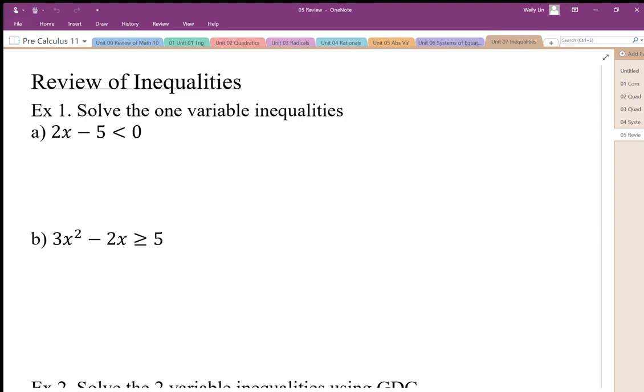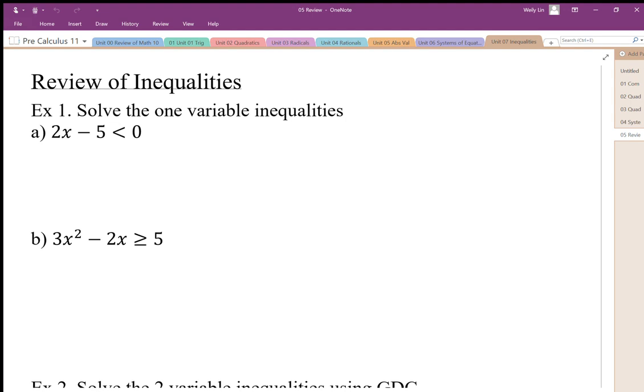Testing for one variable quadratic inequalities is a very efficient method to use. We can also solve two variable inequalities by looking above or below the function.